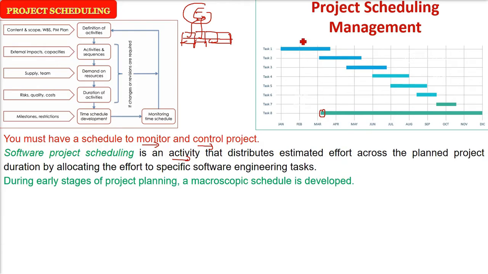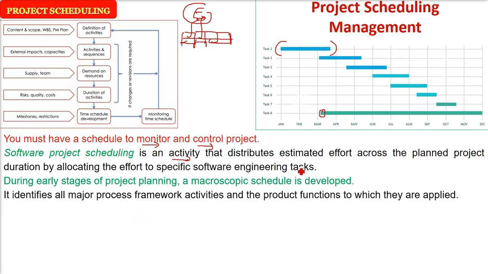During the early stages of the project planning, you don't need to make it very microscopic. So a macroscopic schedule may be developed, because this will identify all the major process framework activities of your software engineering activities and the product functions to which they are applied. That is, the major framework activities will be in the macroscopic schedule.